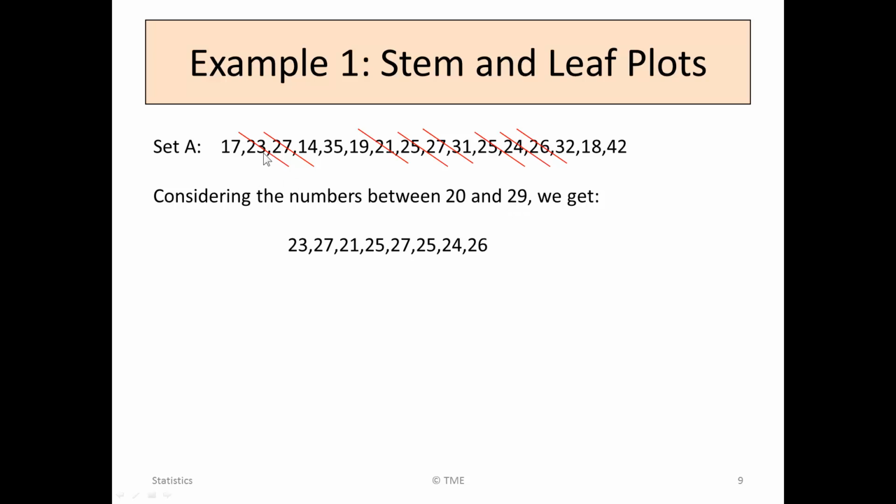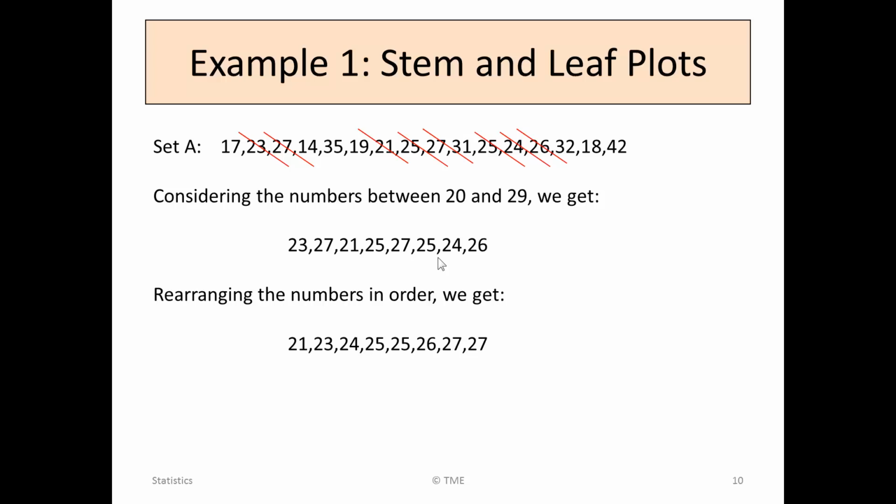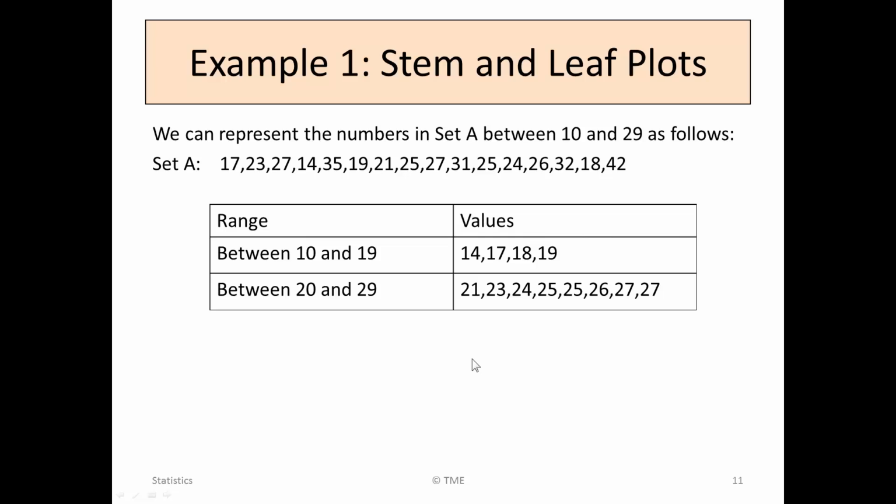We see there's a 23, a 27, a 21, 25, 27, 25, 24, and 26. We write those numbers down. Once again, they're not arranged in order, so by rearranging them, 21 is the smallest number, and we had two 27s at the end. So now the numbers are arranged in order.